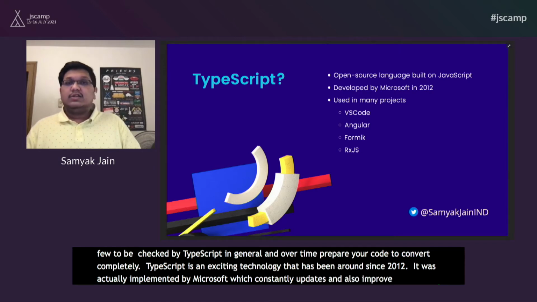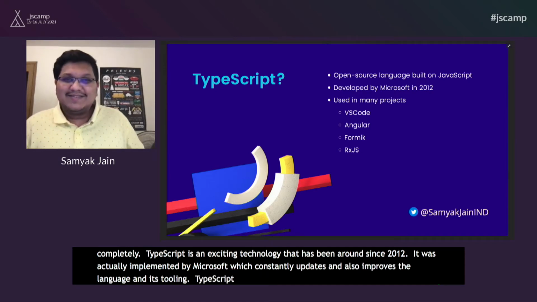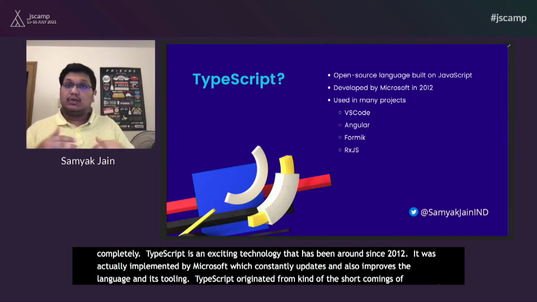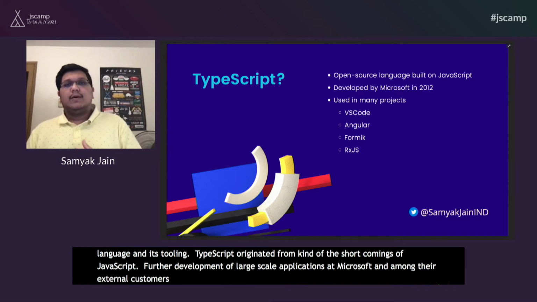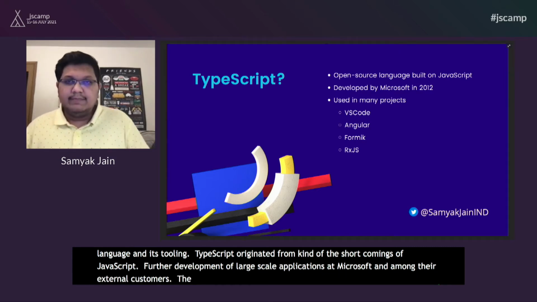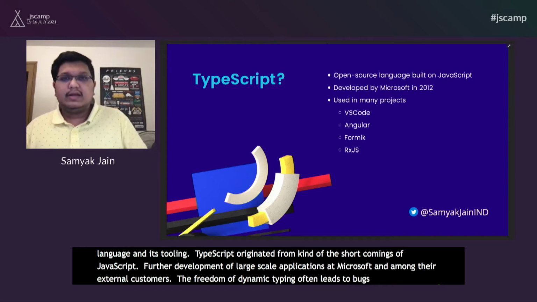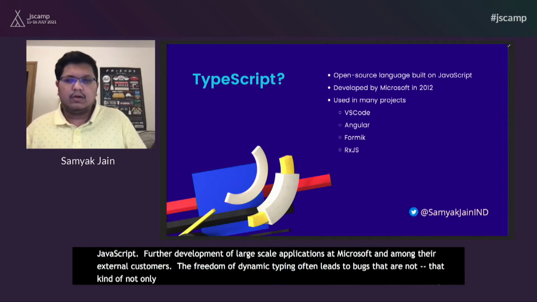TypeScript originated from the shortcomings of JavaScript for the development of large-scale applications, both at Microsoft and among their external customers. The freedom of dynamic typing often leads to bugs that not only decrease the efficiency of the programmer's work, but can also grind development to a halt due to the increasing cost of adding new lines of code.